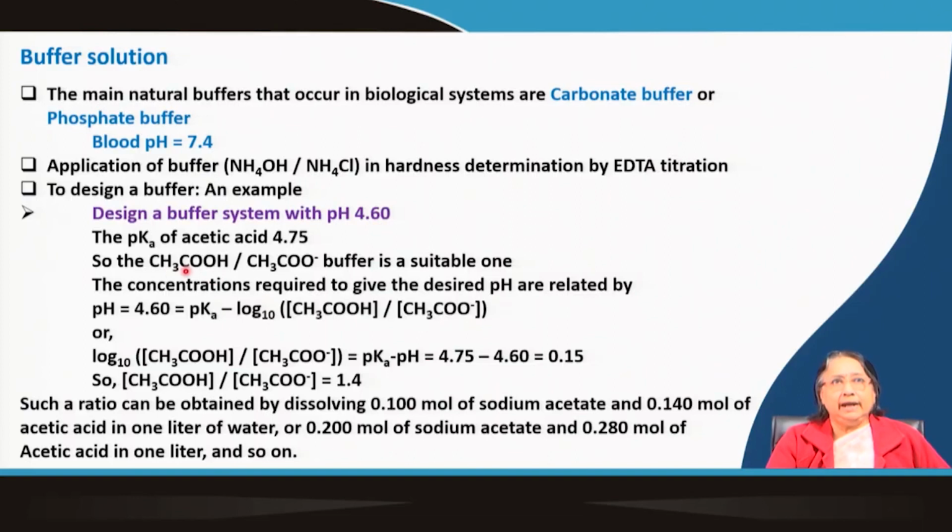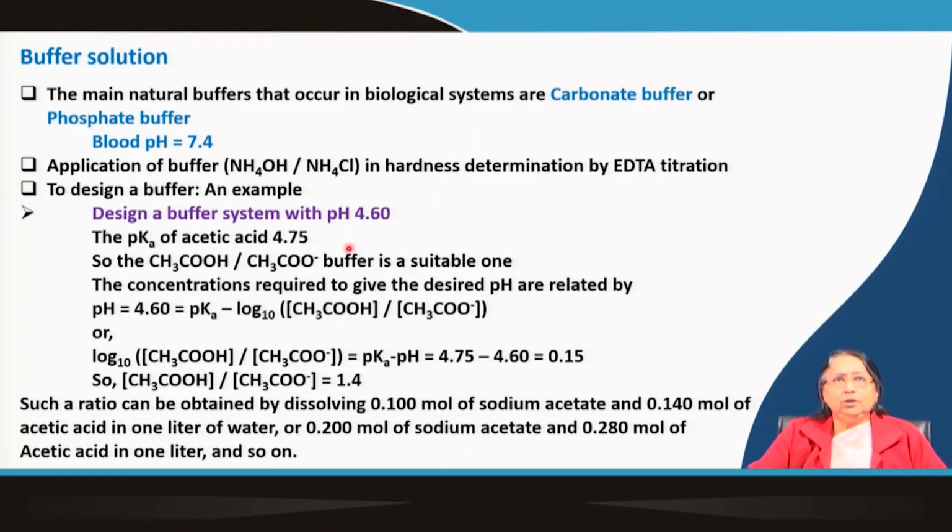Now, the pKa values, or K values, of each of the weak acids are enlisted at 25 degree centigrade, so we can easily find out. The pKa of acetic acid we know is 4.74 or 4.75, and the buffer capacity is plus or minus 1.